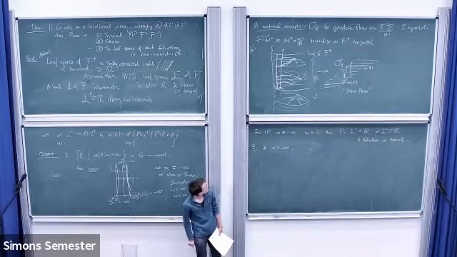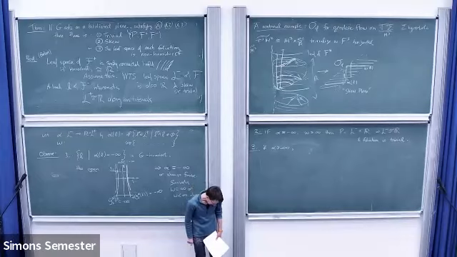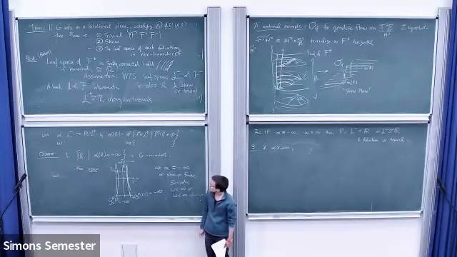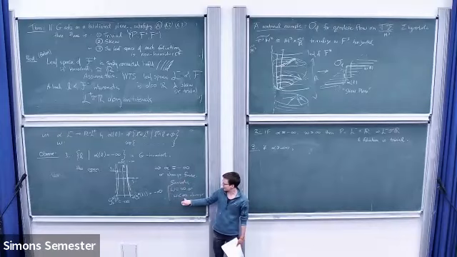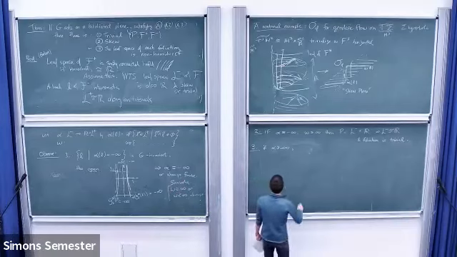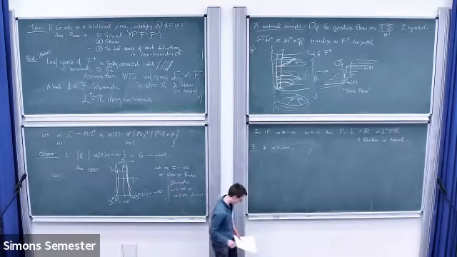I claim that in this case, omega is also always finite. It suffices to show that if it's infinite somewhere, it's infinite everywhere, so let's try and do that.